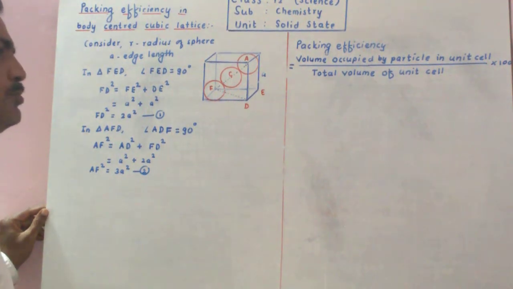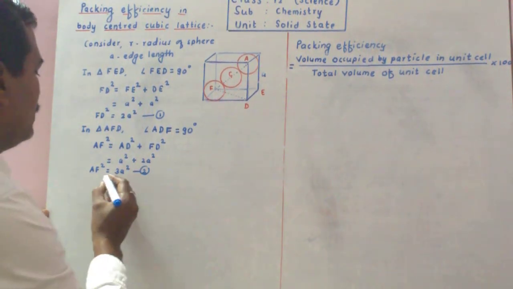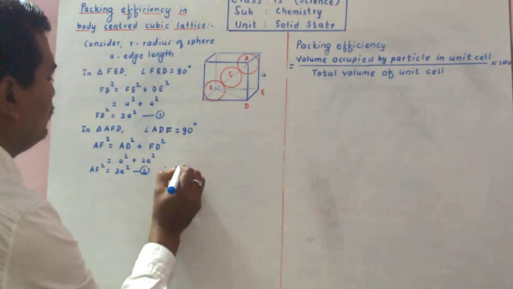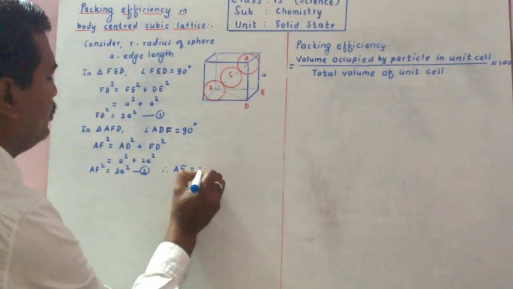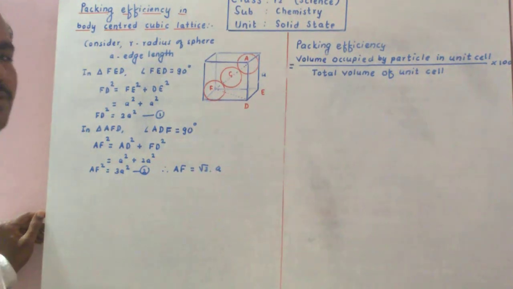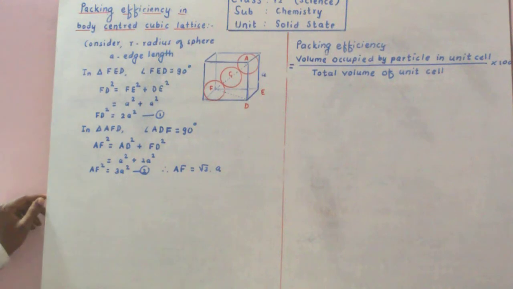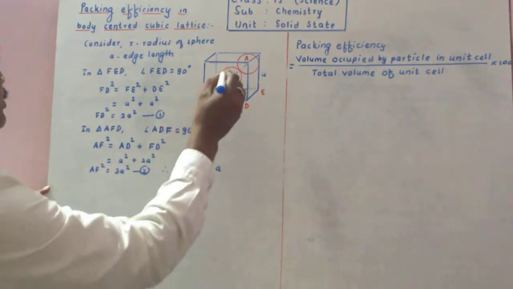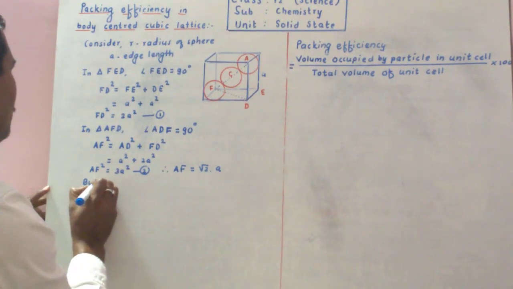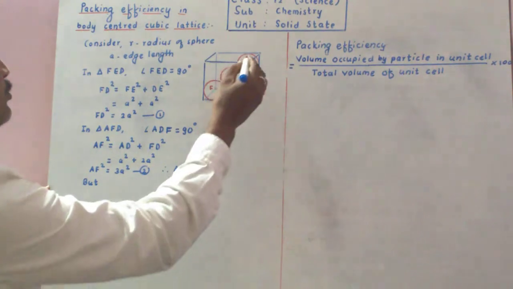So by taking the square root, AF will be root 3 a. But from the diagram we have to find what AF is.